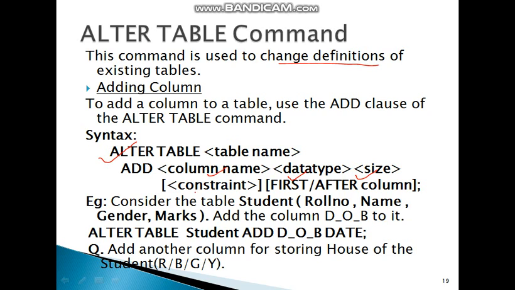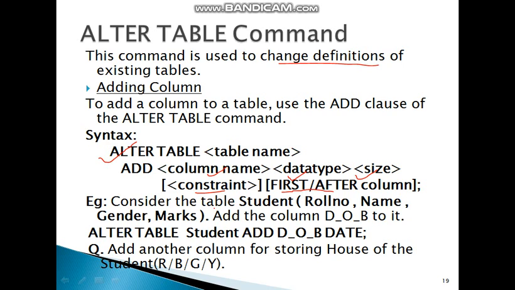If there is any constraint, you can mention that also. Then another thing, first or after column. If you are mentioning first, it will be added as the first column, or you can say you need to add this column after a particular column, so that we can arrange the columns in a table. In between also we can add the column.